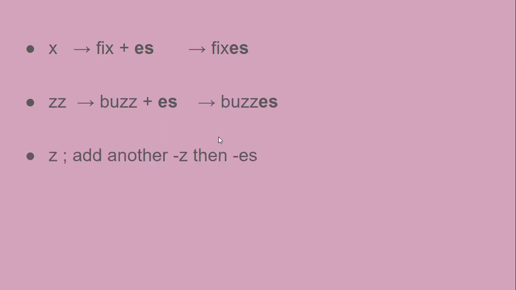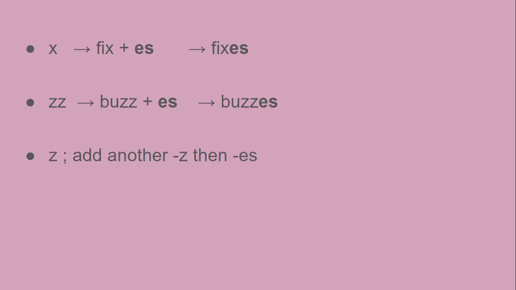For any verb in the simple present tense for subjects he, she, and it, if the verb ends with a Z, right? You add another Z, then you will have a double Z. After that, you add ES at the end.